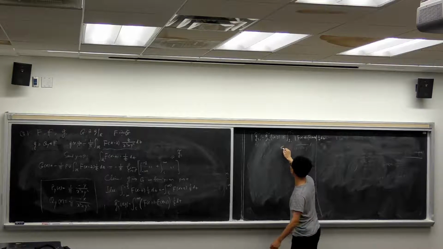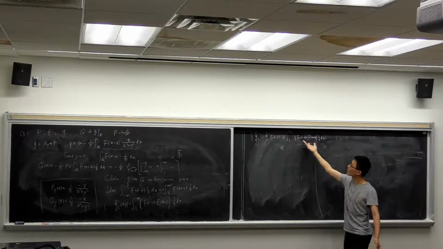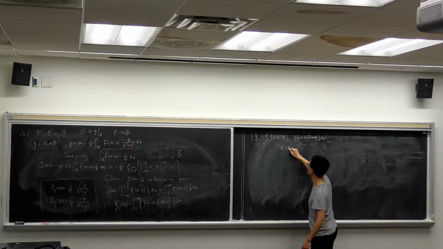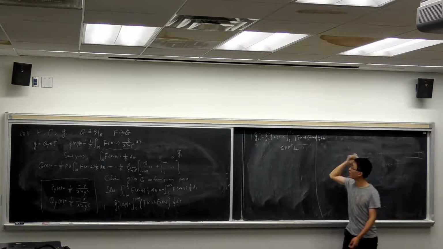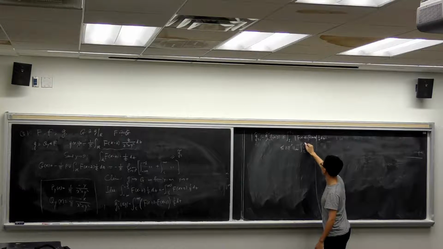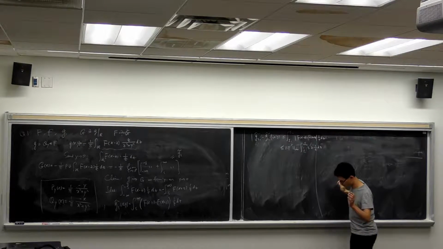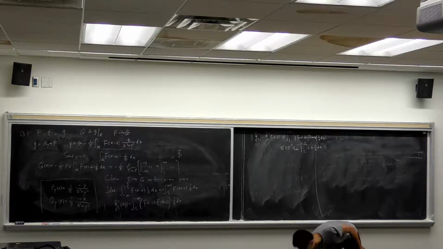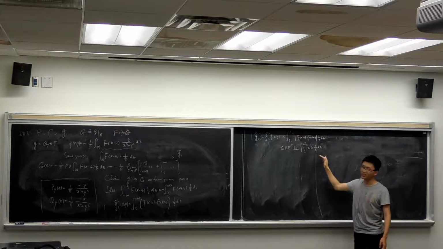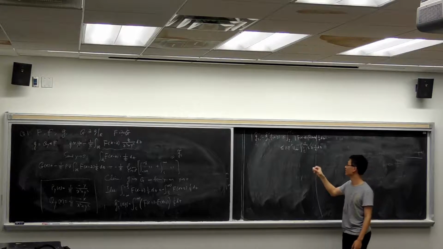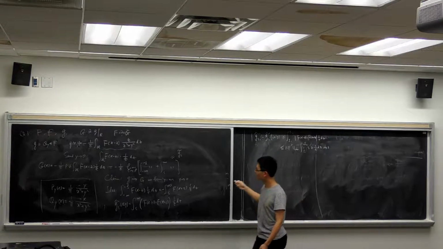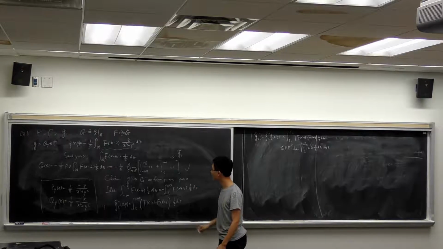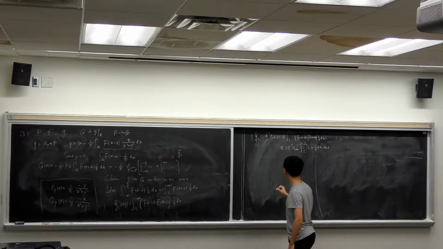By the mean value theorem, this is bounded by the L infinity norm of the derivative times 2z times 1 over z dz. This is going to be very small, so it converges to 0. So it's well defined, and then I'm going to check the convergence.